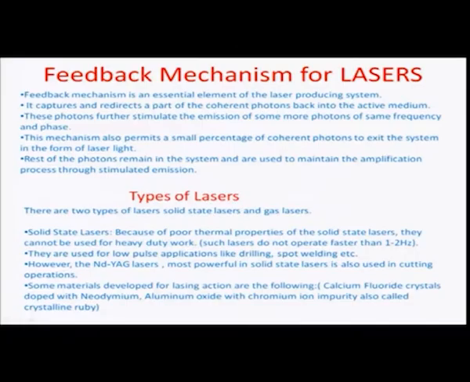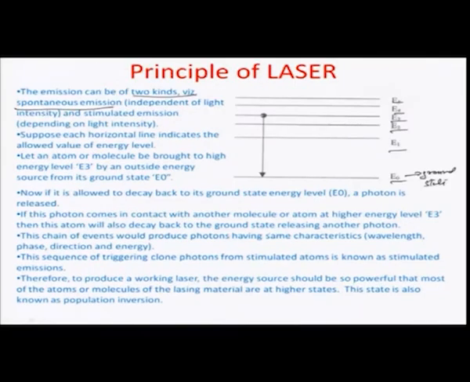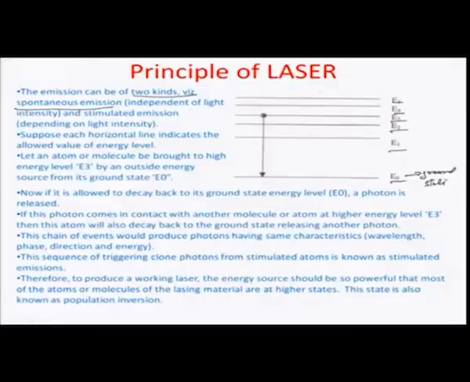It is independent of the intensity of the light, it happens spontaneously, and the other depends on the light intensity, and is a stimulated emission. So, there are two categories: it is called stimulated if it is dependent on the ambient light, and if it is independent of the light intensity, it is called spontaneous in nature.